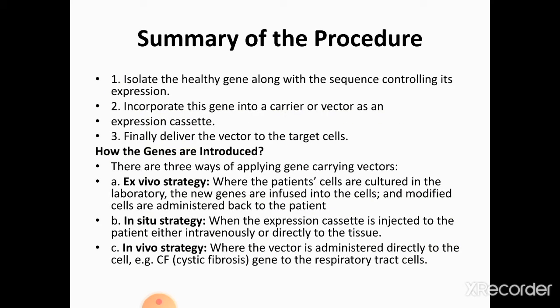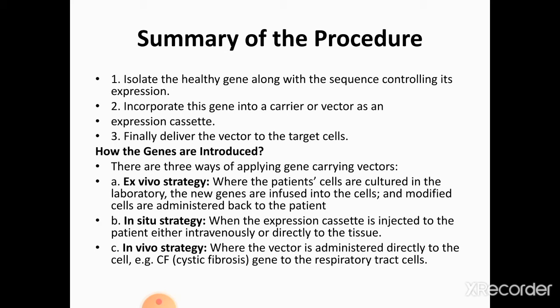Then you can give a brief description of the procedure. Just a summary would be enough, of how genes are introduced and the various methods by which they are introduced. First, we isolate the healthy gene along with the sequence controlling its expression. Next, we incorporate this gene into a carrier or a vector.